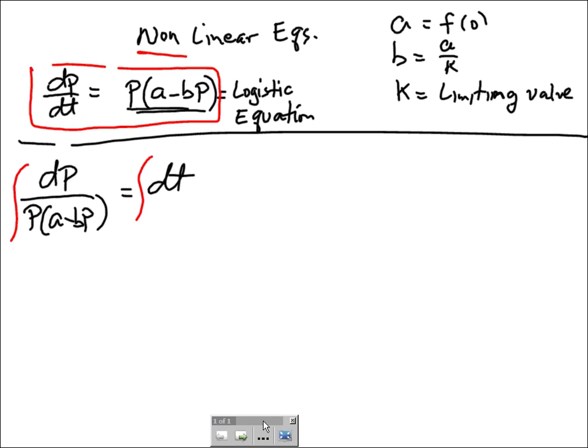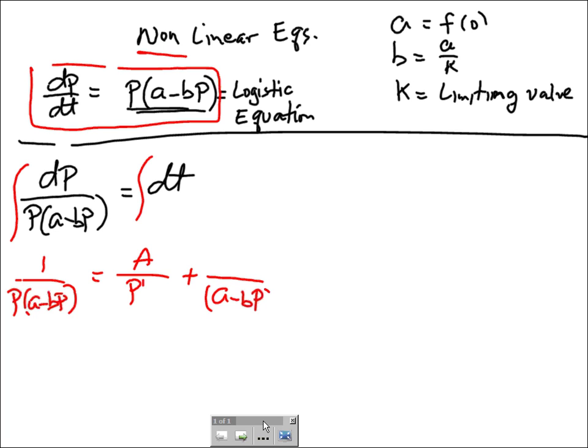We use partial fractions. You want to write 1 over p times (a minus bp) as something over p, since p is linear, I just put a constant on top, plus something over a minus bp. And in the variable p, a minus bp is linear, so I just put a constant on top.